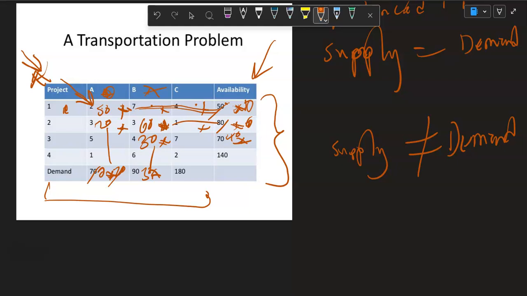So we go to demand C, this particular box here, which is your new northwest. This guy wants 180, but supply 3 only has 40 remaining, isn't it? So when you give 40 to C, how many will this guy still need?